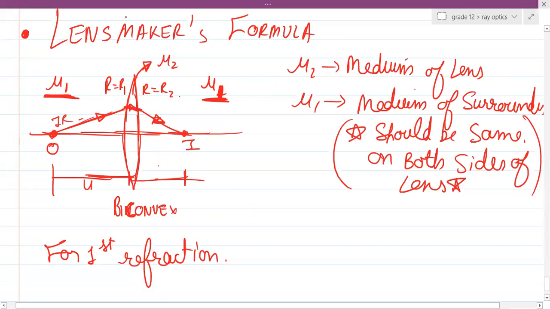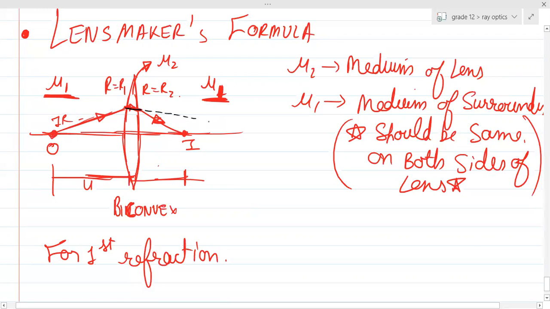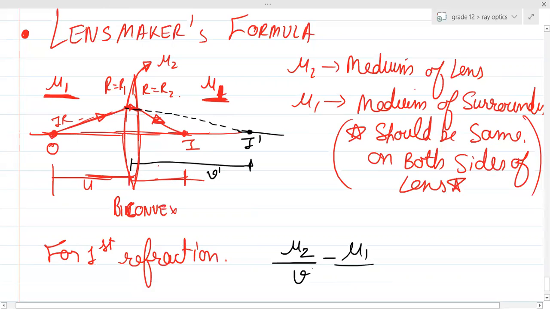If I try to produce this refracted ray in the forward direction, then the image forms at I dash, at a distance of V dash. So can I write mu2 divided by V dash minus mu1 divided by U is equal to mu2 minus mu1 by R1? Can you see, guys?